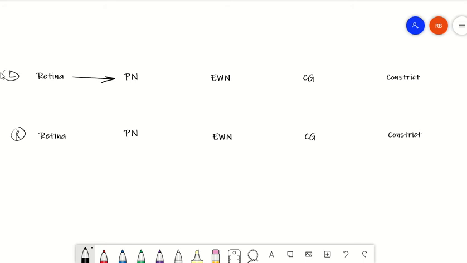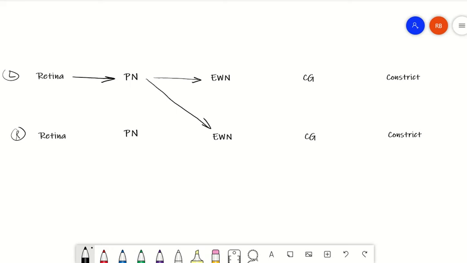So if you were to shine a light in this left eye, the fibers that would be activated are from the retina to the pretectal nucleus, and from each pretectal nucleus, remember both the contralateral and the ipsilateral Edinger-Westphal nucleus are activated.